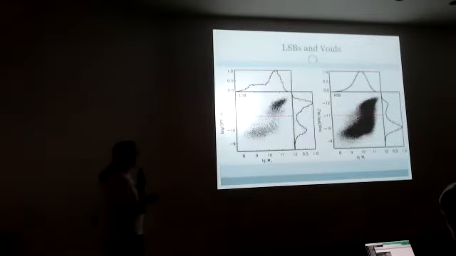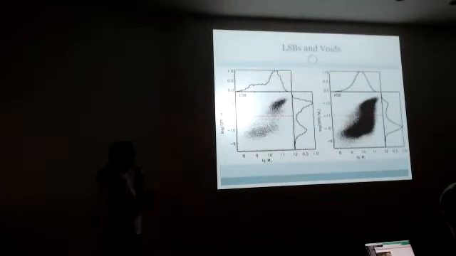Before we do that, we also separate the low surface brightness galaxies into red low surface brightness and blue low surface brightness galaxies, very roughly using a dashed line here in the center, and see how they are different.